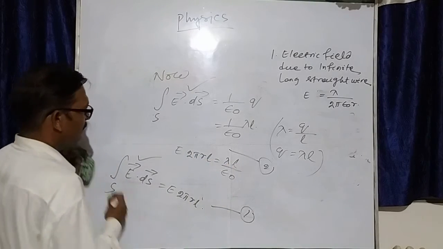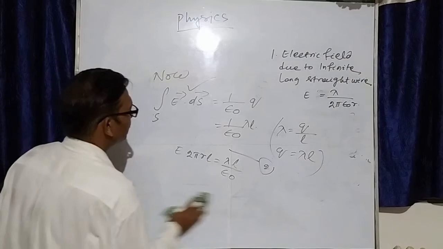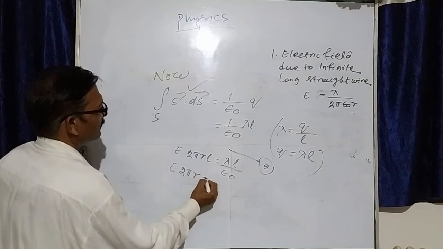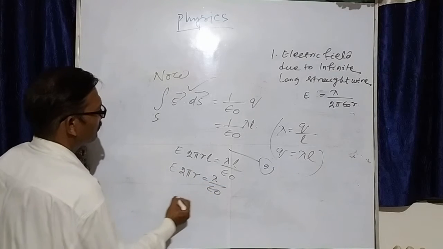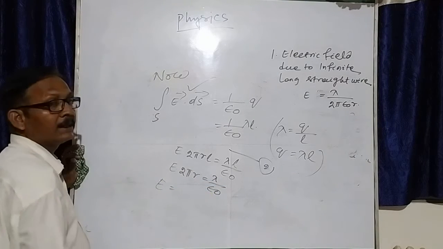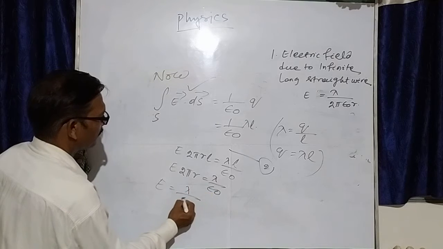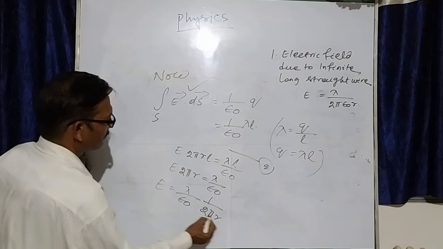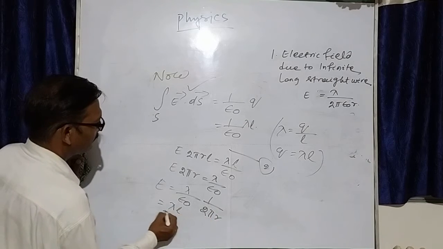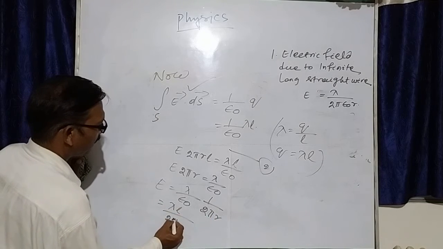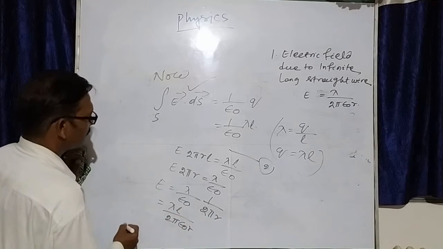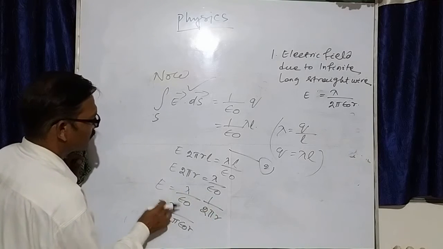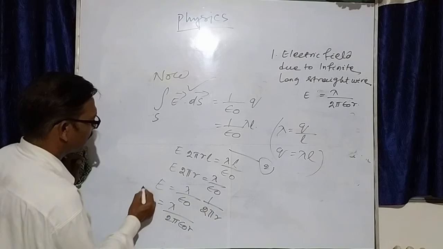You see L cancels. What remains is E 2 pi r equal to lambda by epsilon 0, so you find the electric field E equal to lambda by epsilon 0 times 1 by 2 pi r.